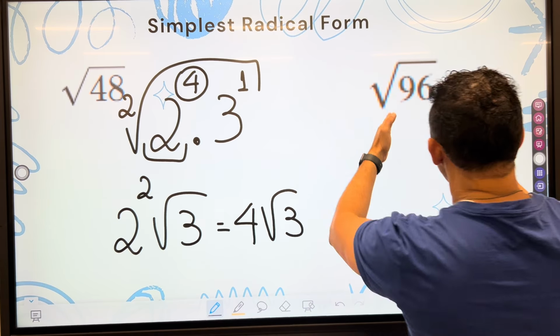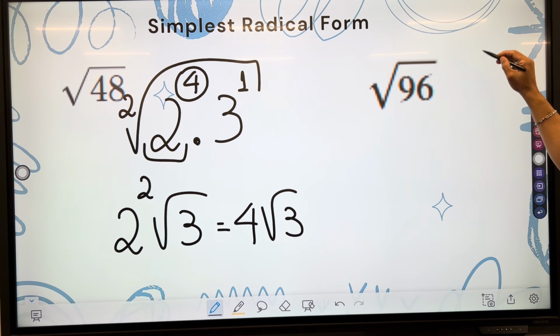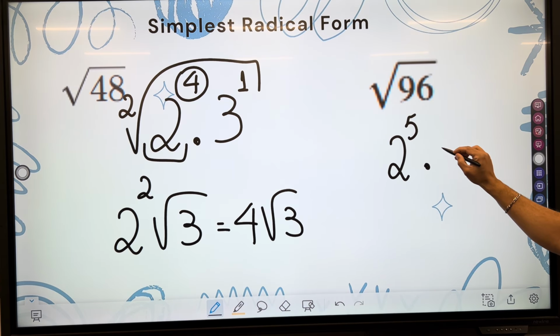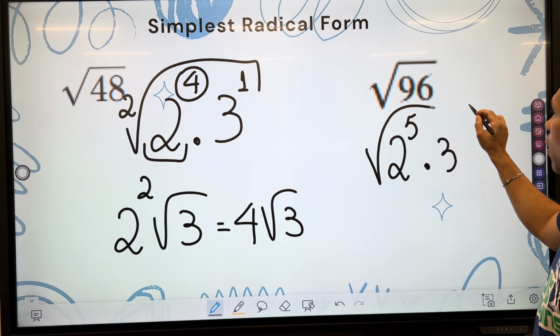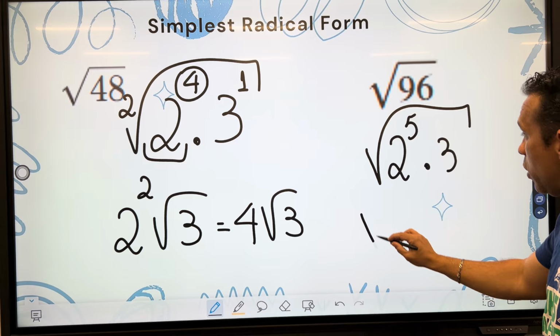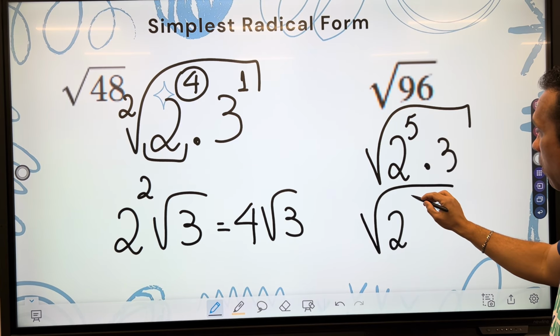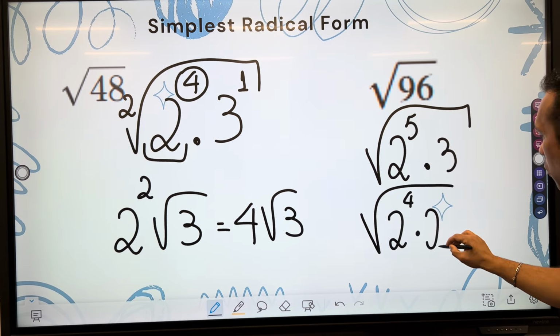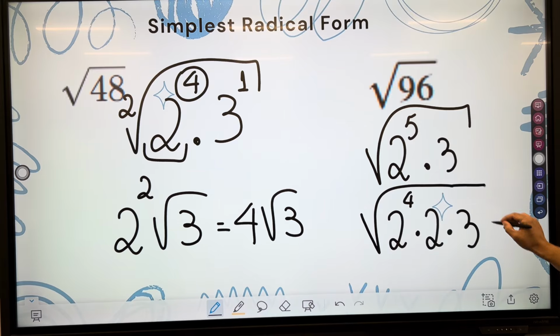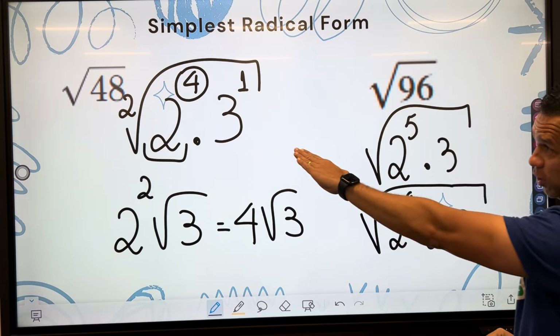When we factor 96, we get five 2s. That would be 2 to the power 5 times 3. Oh, this is not even, so we have a little process. We can create 2 to the power 4 times 2. We break this into pieces. This way, this guy can go out, we just did.